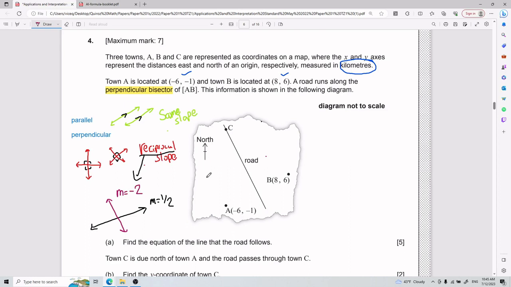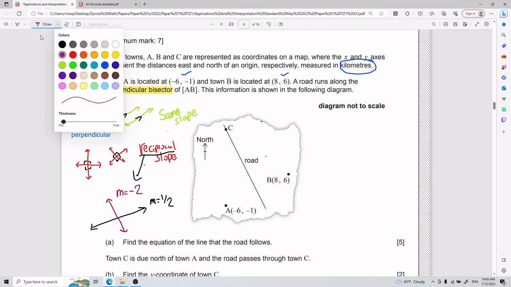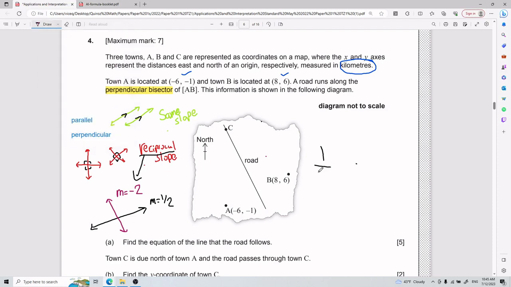That is reciprocal. How did I reach -2? I take 1/2 and do the reciprocal of it. First I flip it, so it's 2/1, and then I multiply by a negative, -2/1, which is just -2.